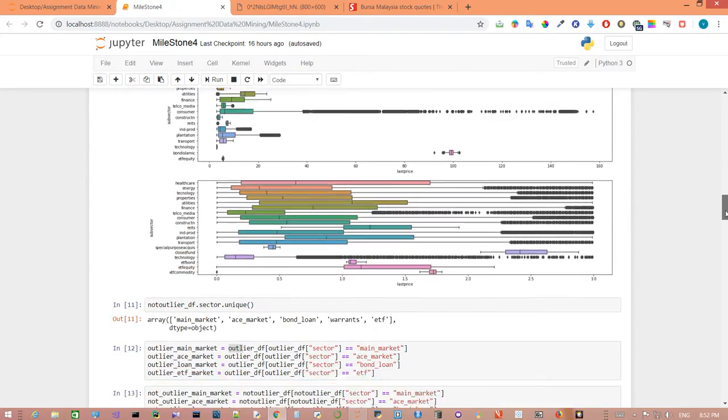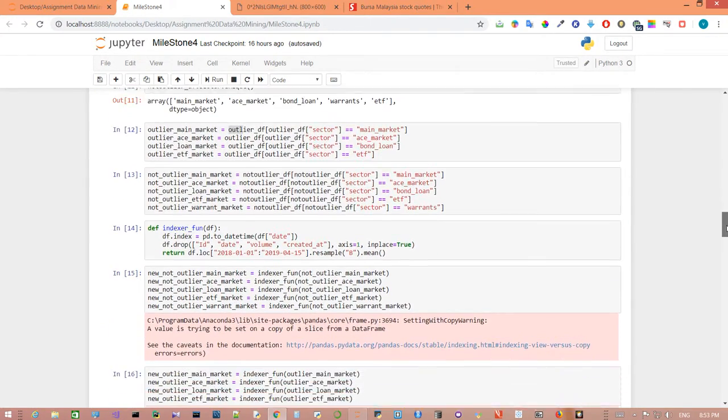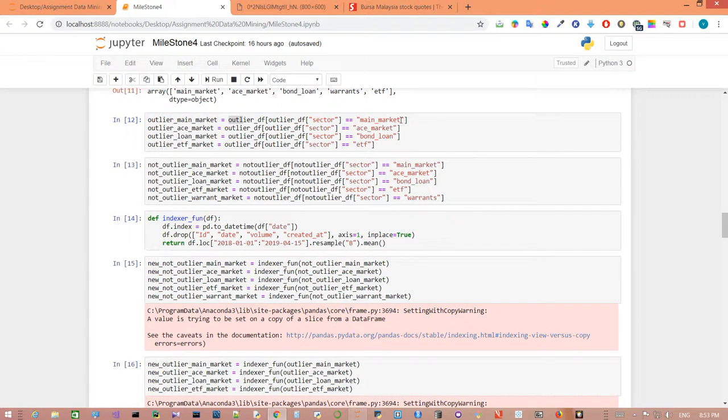Okay, so that's here, and I am trying to analyze our data based on the 5 distinct sectors that we have: main, ACE, bond, ETF, and for outliers we don't have the warrants part here, because we don't have any companies belonging to the warrants part living in outliers.